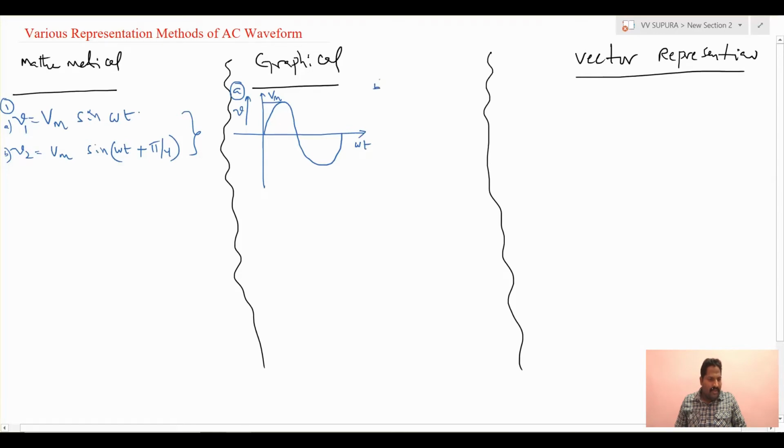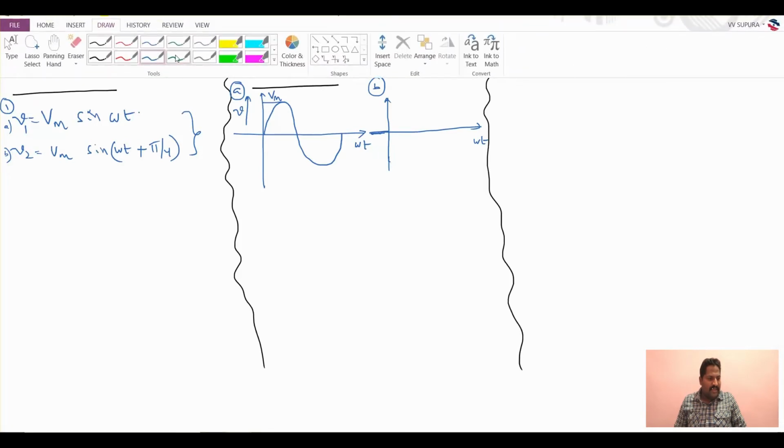Coming to the graphical representation of the B waveform, if we substitute omega t equal to minus pi by 4, then V2 will be 0. That means the V2 waveform starts at minus pi by 4, where the value is 0.